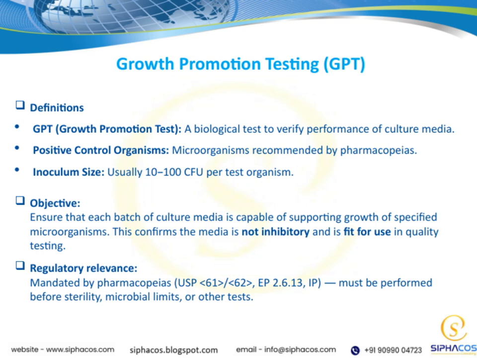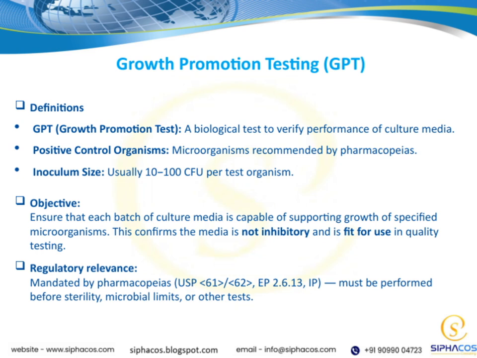The main objective of GPT is to make sure that each batch of culture media can support the growth of the microorganisms we specify. This confirms that the media are not inhibiting growth and are suitable for use in quality testing. From a regulatory standpoint, performing growth promotion testing is mandatory.